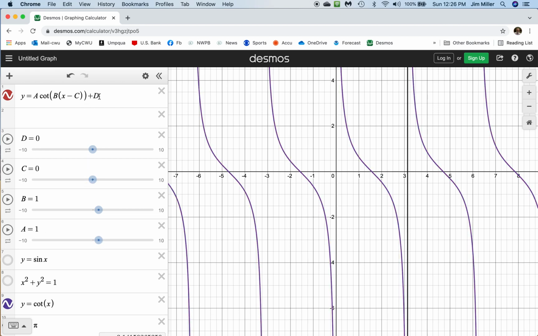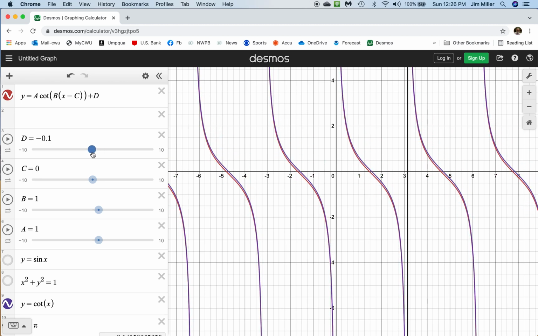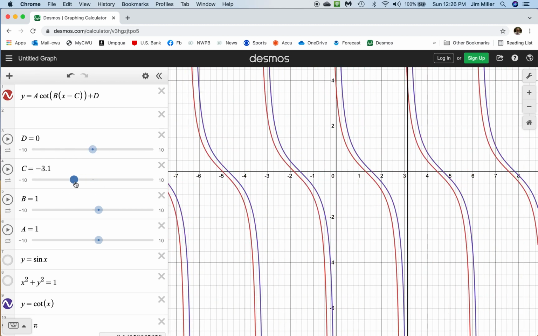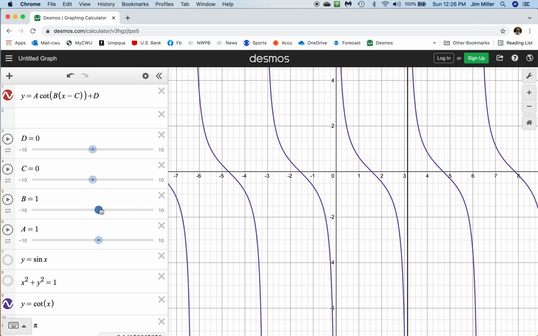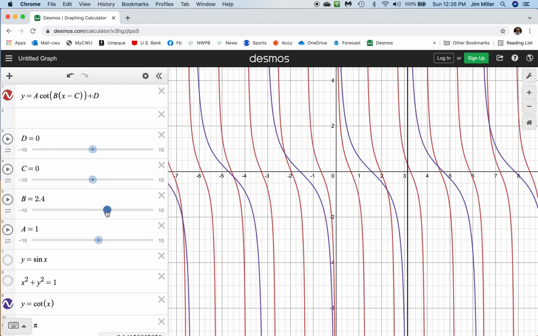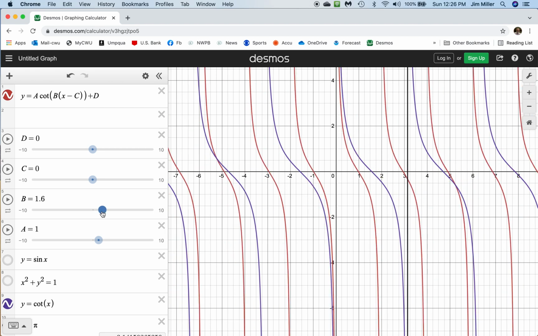If you mess with D, it moves it up or down. You mess with C, it moves it left or right. And if you mess with B, you increase the frequency, how often they happen, or decrease the frequency. Okay?